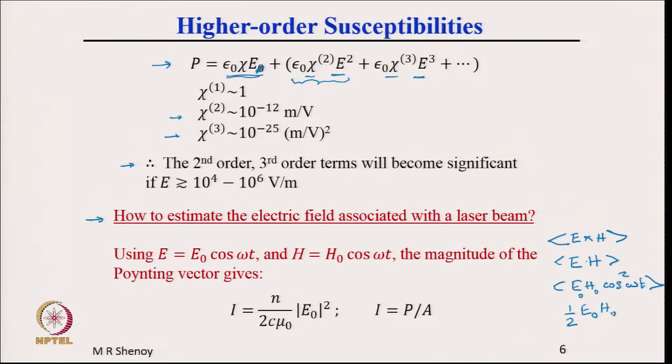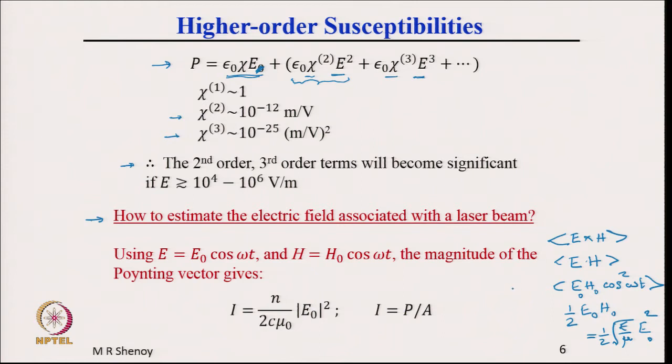and H 0 is related to E 0. The ratio of E 0 by H 0 is root epsilon by mu. So, this is equal to half square root of epsilon by mu into E 0 square, and this can be written in this form here, that intensity.